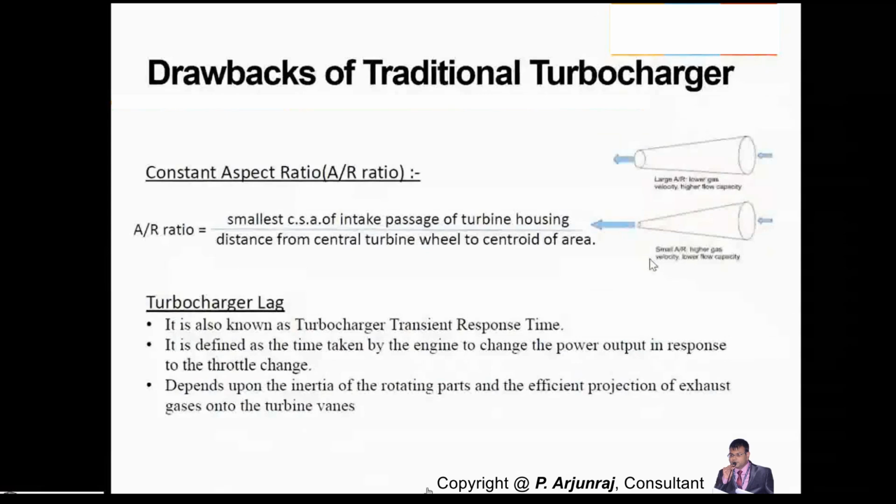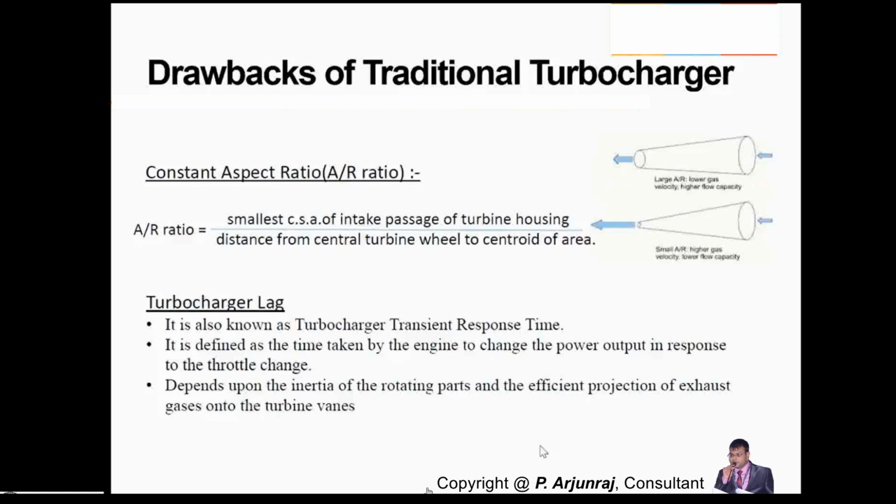Again, in the case of a turbocharger, turbocharger lag is shortly called turbo lag, and this turbo lag also happens because of the inertia of the rotating parts. The turbine is rotating, the compressor is rotating, and you have a shaft.